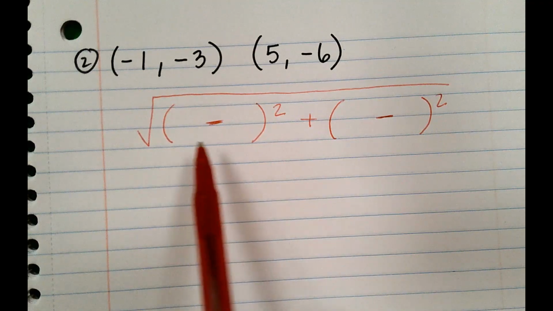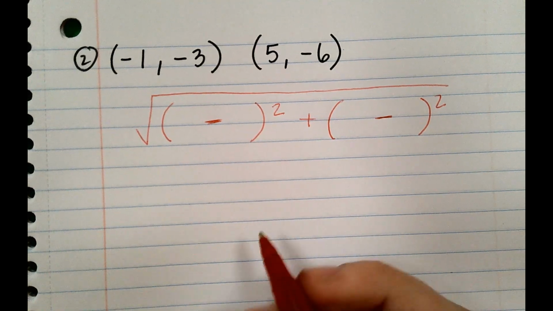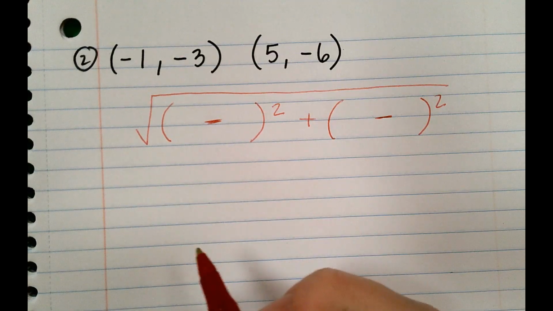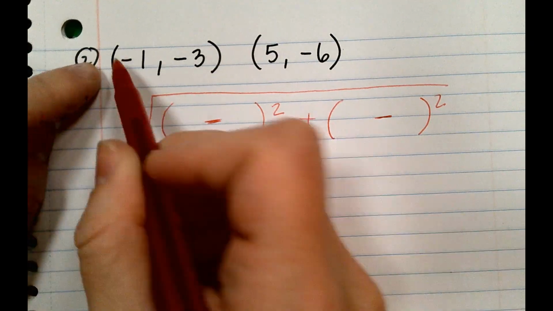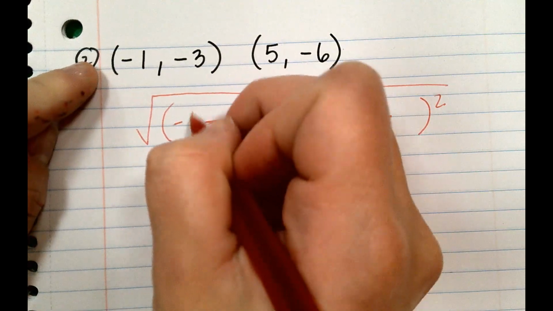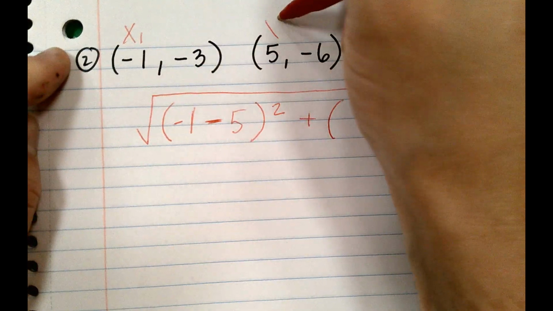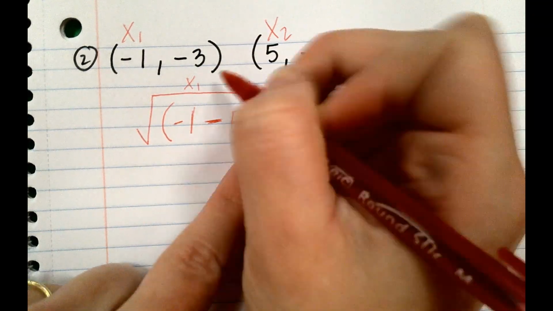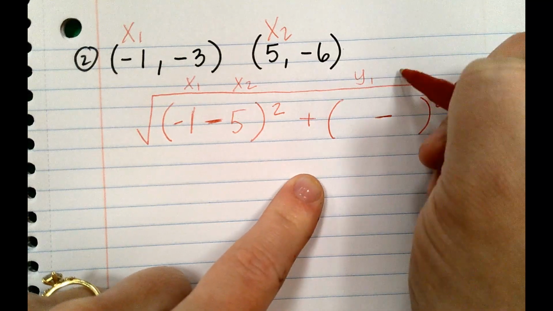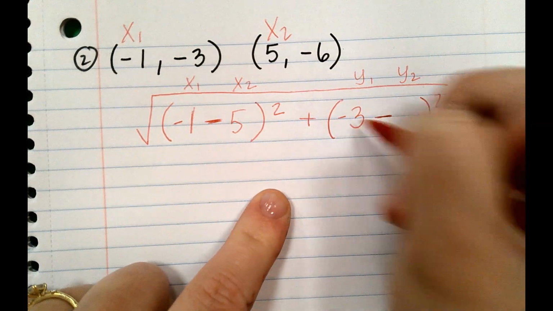Okay, so what did you put in your first 2 spaces? I think I screwed it up, but I don't know. Okay, well, let's find out. I did -1 minus 5. Perfect. Is that it? Okay. We have x1 and that's x2, so that's correct. And then y. -3 plus -6.